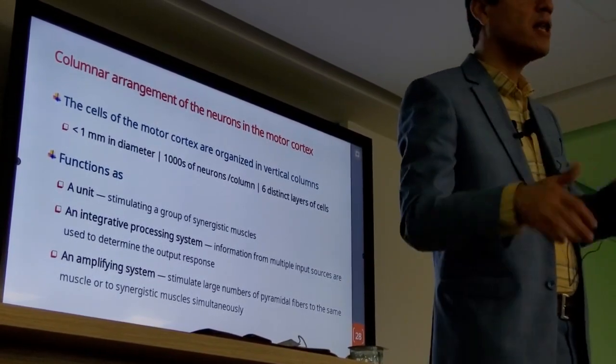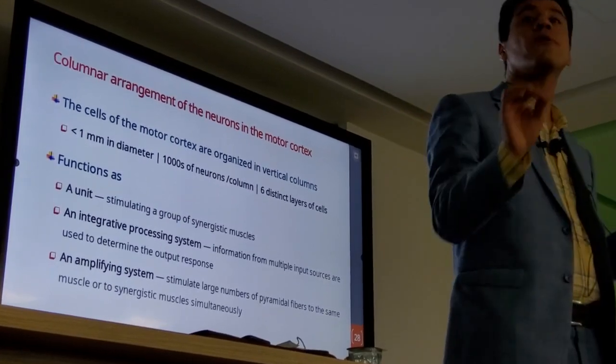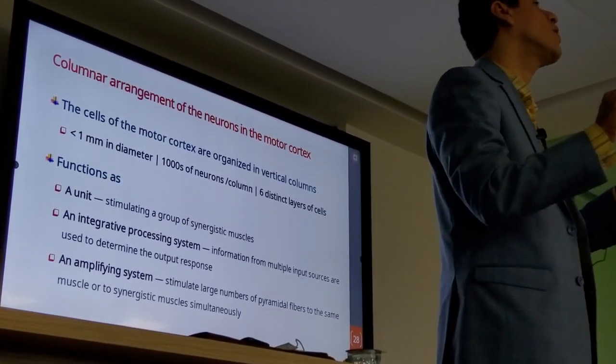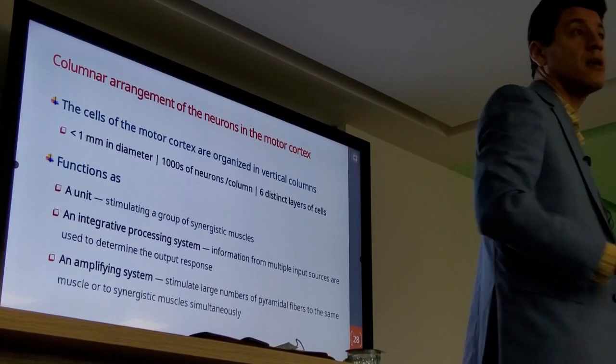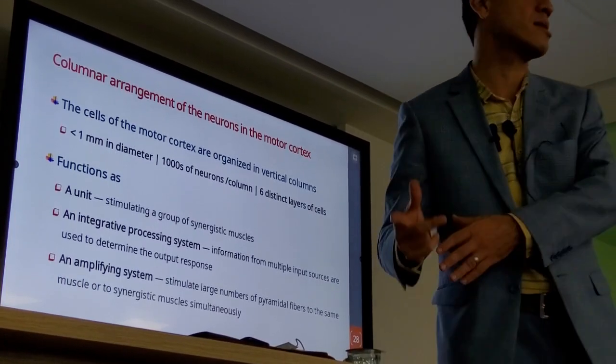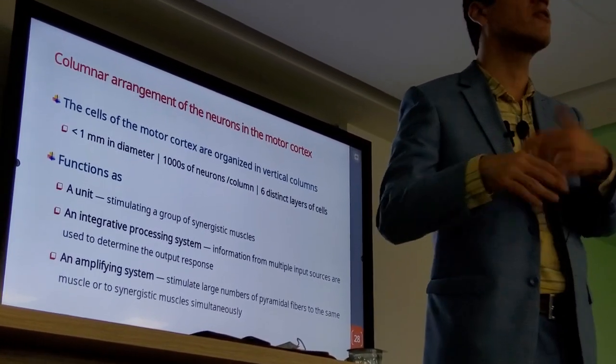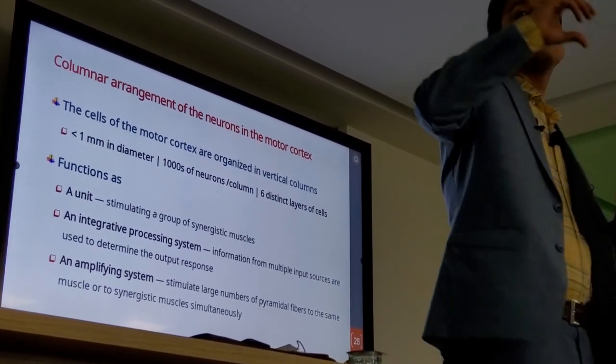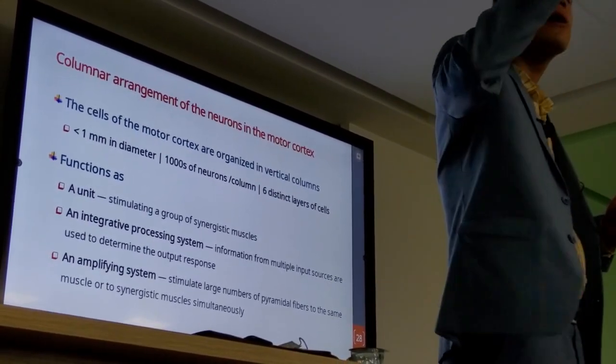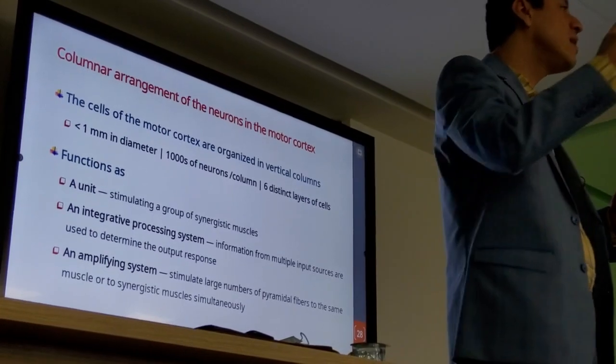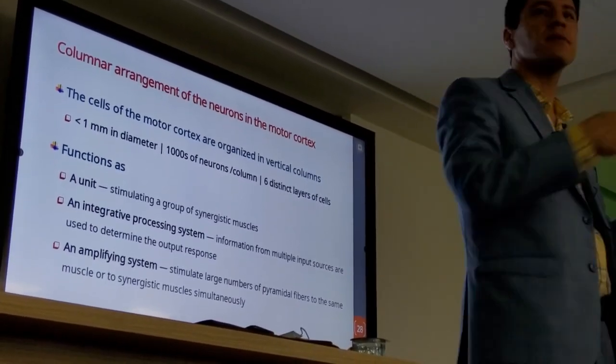So at the beginning of this class, I told you that neurons in the primary motor cortex are involved for some specific movements, not for some specific muscles, right? So let me correct myself. Each column of neurons is involved in one specific movement.